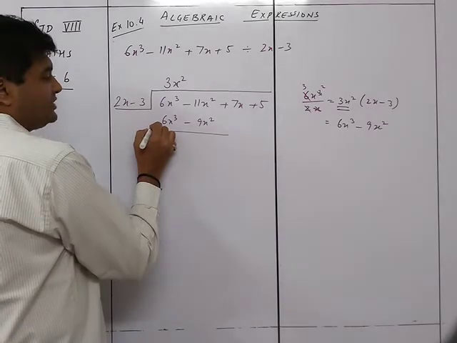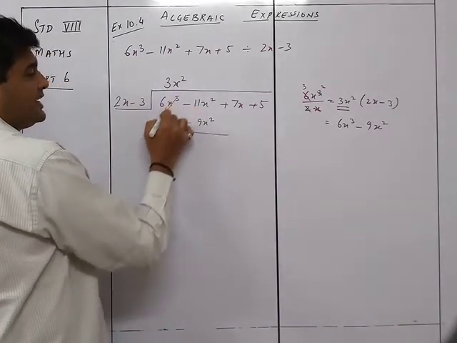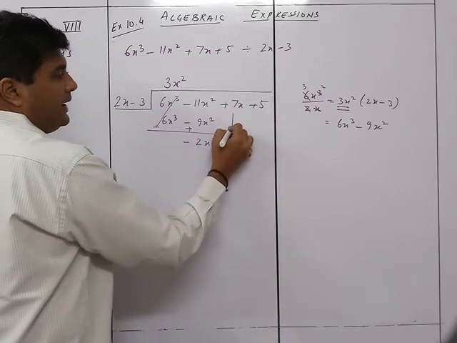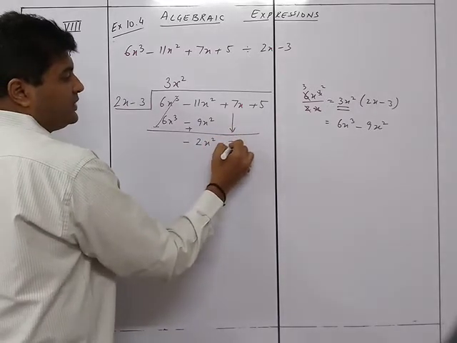You need to do the subtraction, so the signs change. This gets cancelled. This will become minus 2x square, and then 7x will come down.